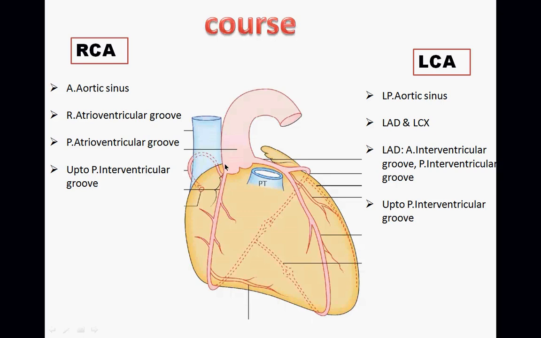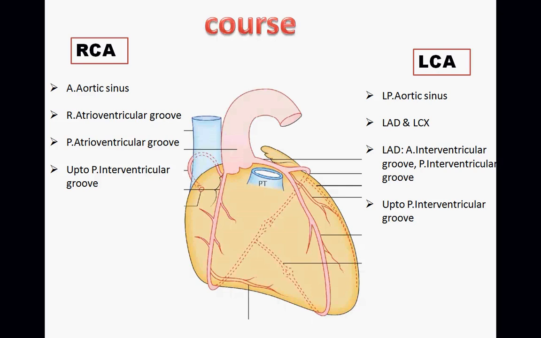Till that point, it descends vertically downwards, and then it takes a posterior turn and runs in the posterior atrioventricular groove. And it ends at the level of the posterior interventricular groove here by anastomosing with the left coronary artery. So this is the course of right coronary artery.